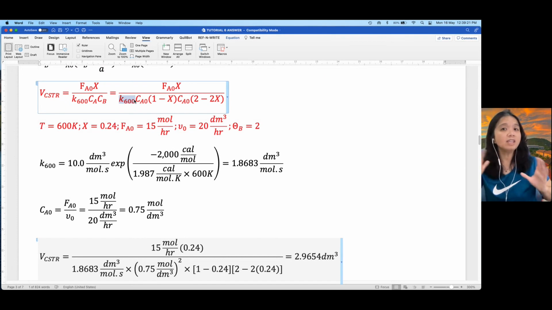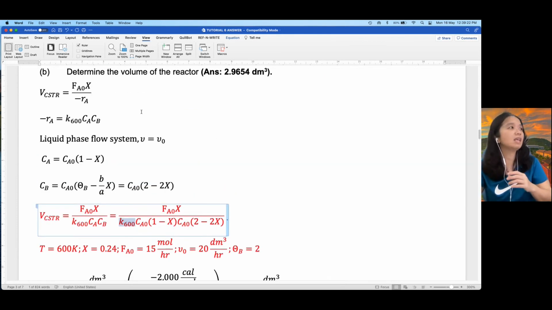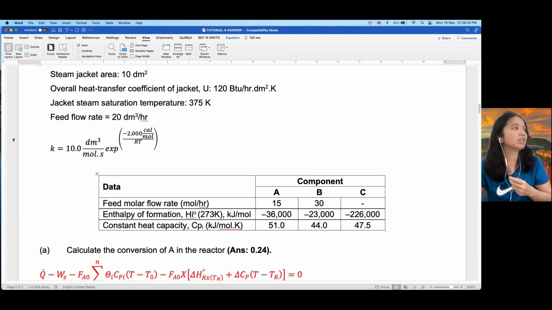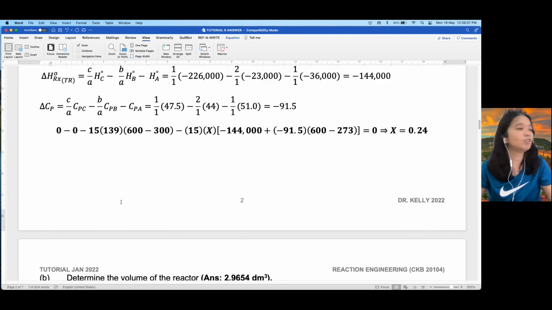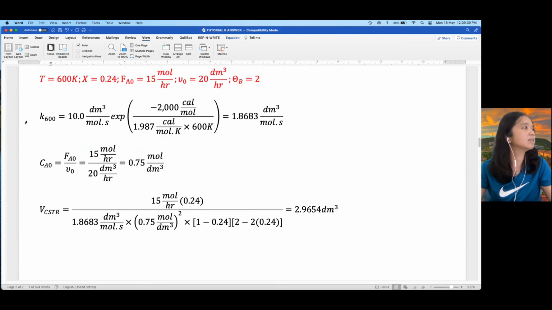So bottom, K as 600. We have not yet found the K, right? Because K, although given in the question, was given in the form of the Arrhenius equation, which we will use to calculate the value of K, since now we know the reaction temperature is 600 Kelvin. So you just substitute. 10 is from the equation, right?